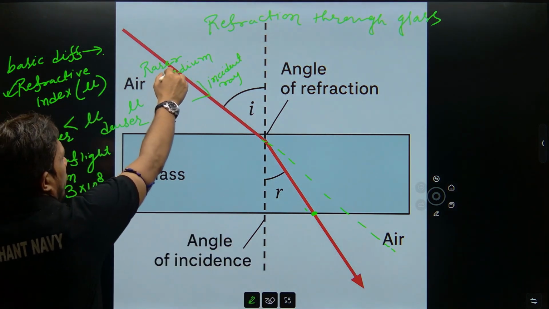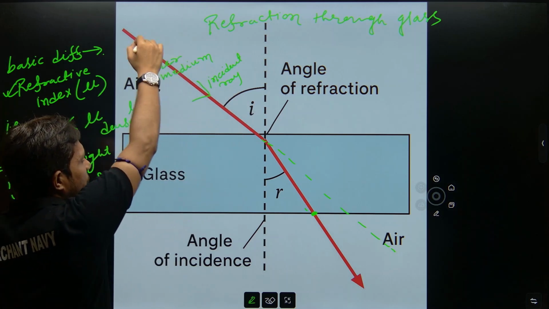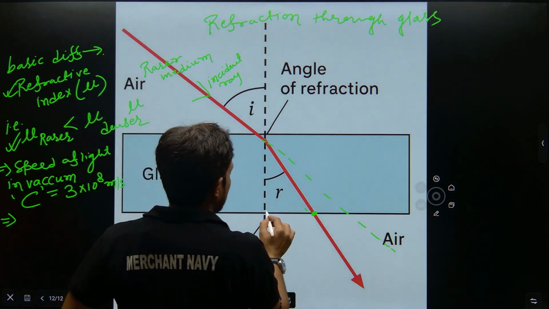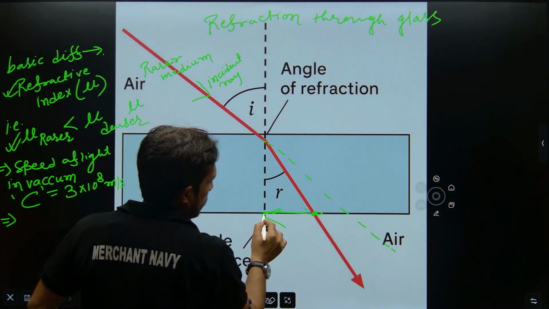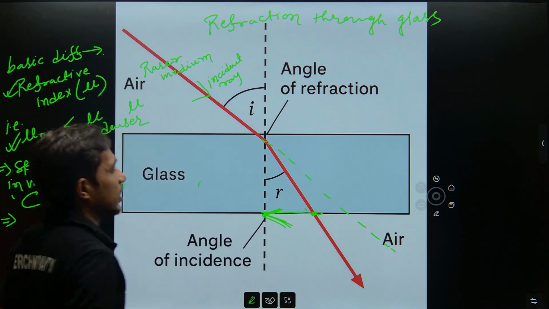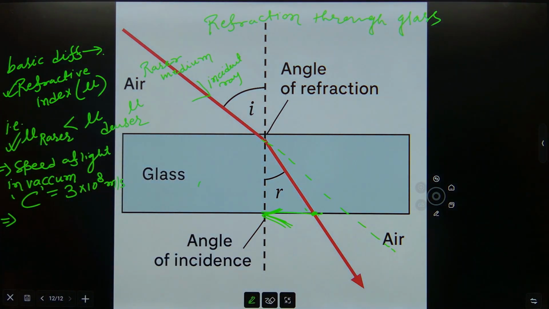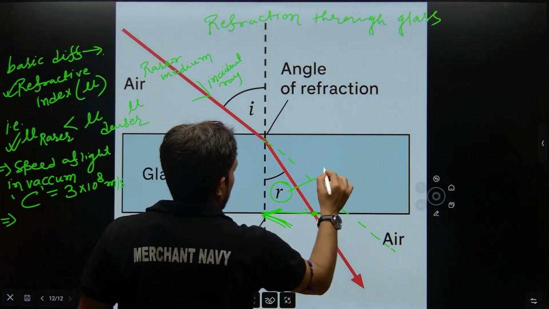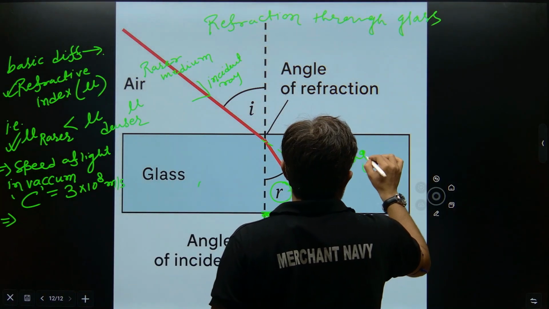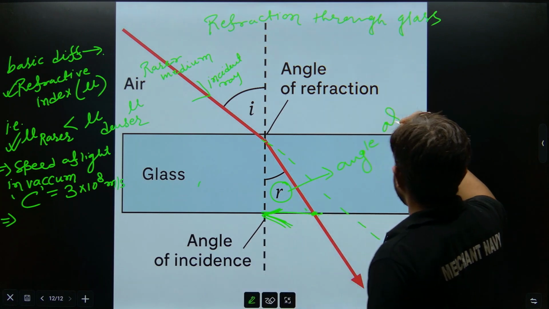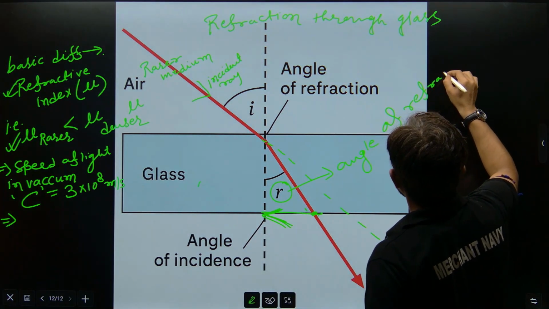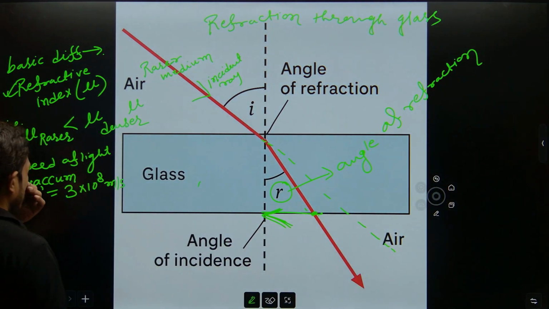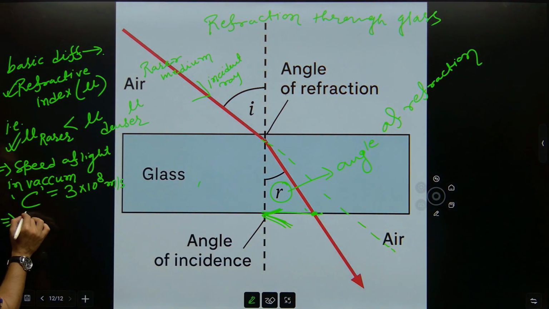When a ray of light comes from a rarer medium and goes into a denser medium, it moves towards the normal. This is i, and this is r, the angle of refraction, not reflection.